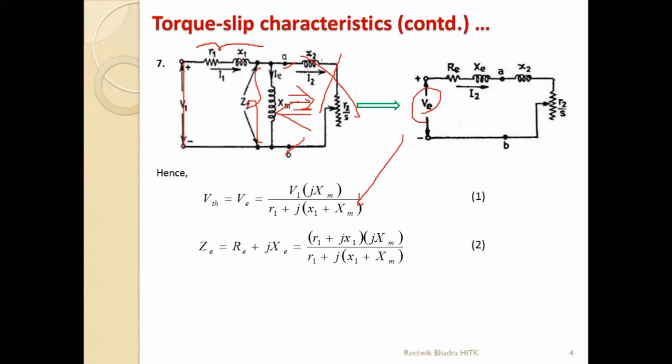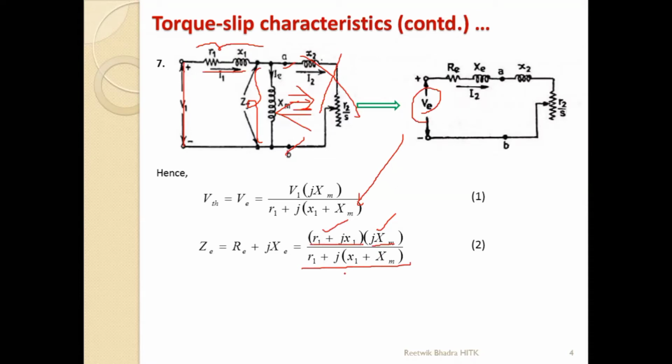So when two impedances are connected in parallel, how do you write your impedance? Z1 Z2 by Z1 plus Z2. So what is Z1 now? JXM is Z1. What is Z2 now? R1 plus JX1. So Z1 Z2 divided by Z1 plus Z2. What is the denominator? JXM plus this one.